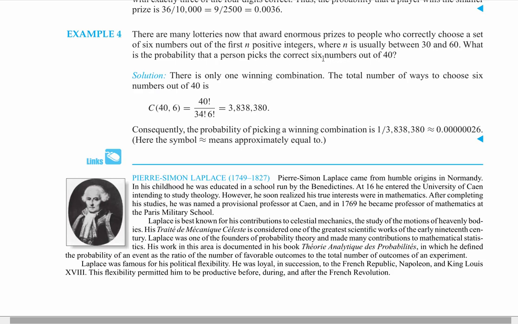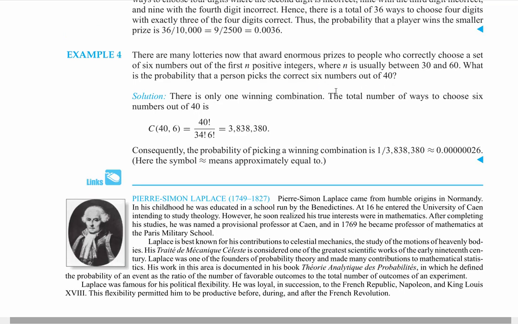All right, so how many ways can you have 6 numbers coming out of 40? So we're choosing 6 out of 40. First thing to figure out, does the order matter? No, the order doesn't matter, you just care about the numbers. So the order they come out of the drum doesn't matter.